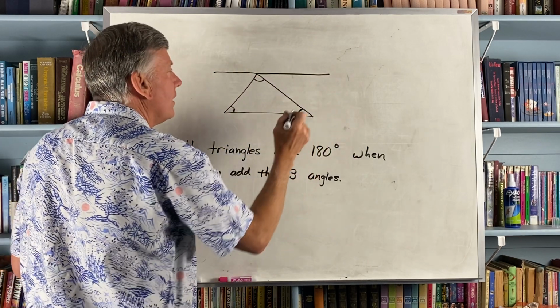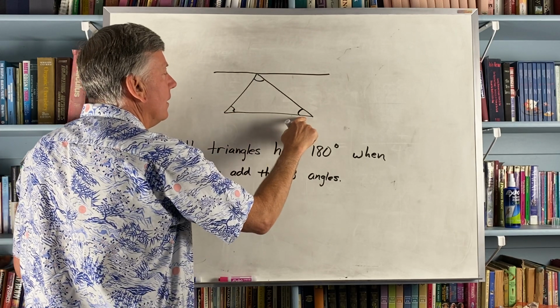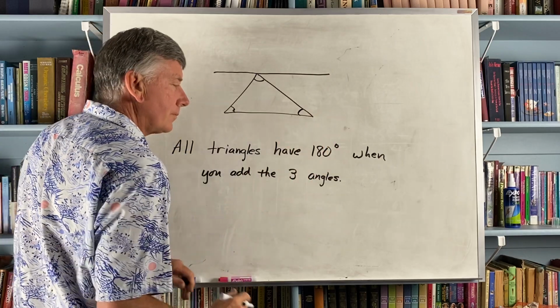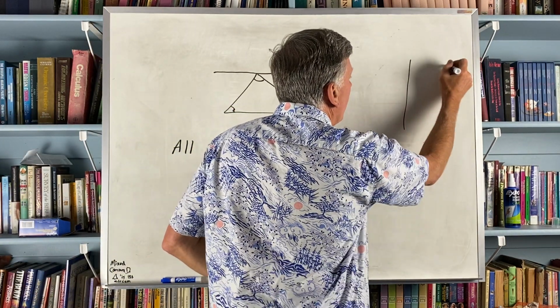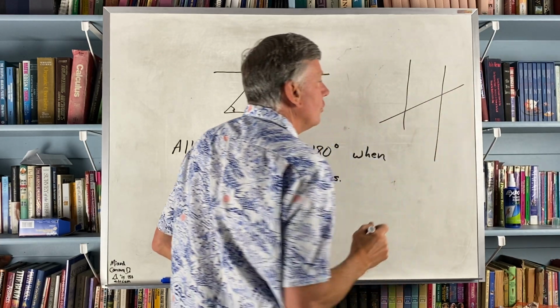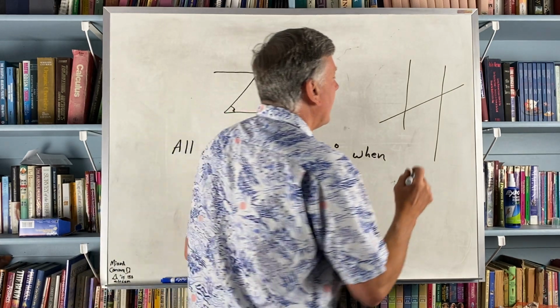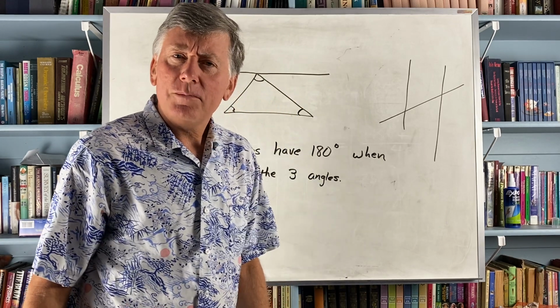I'm going to draw this line, and this line is parallel to this line. So I have this line and this line. Now off to the side, from geometry, if you have two parallel lines and a line going crossways through there, I can't remember if it's an axiom or a theorem.